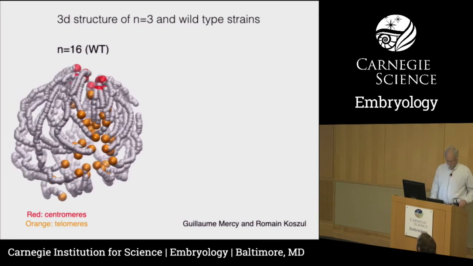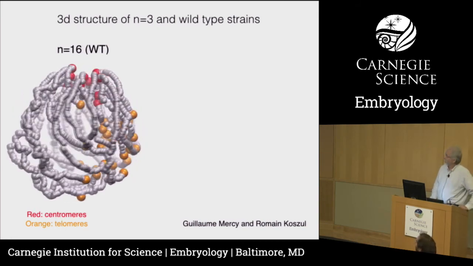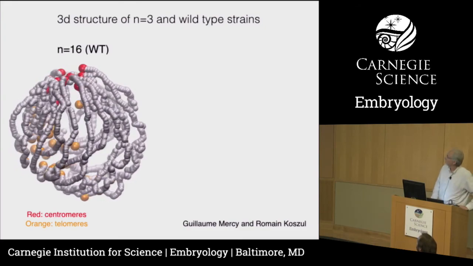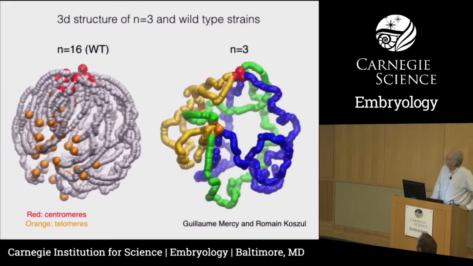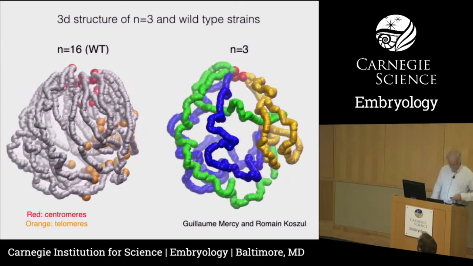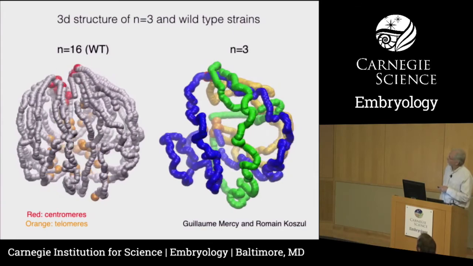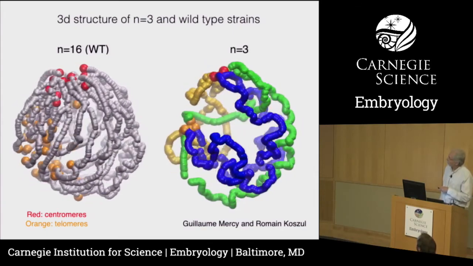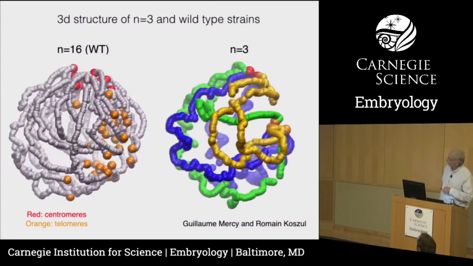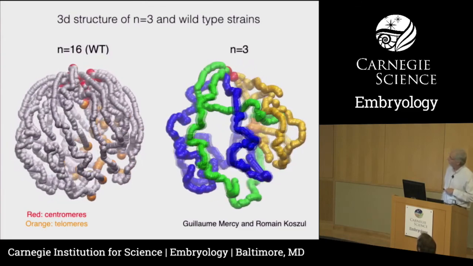This shows a 3D rendering of the N=16 strain from our colleagues at the Pasteur. And this shows a 3D rendering of the inferred structure of the N=3 strain. You can see the Rabl orientation of the centromeres at the top, and the arms coming down in a nice smooth V shape in the wild type.